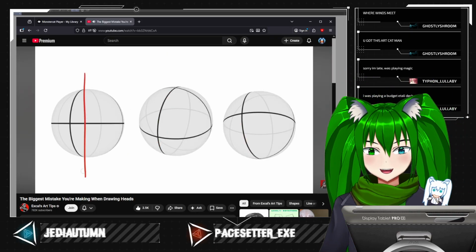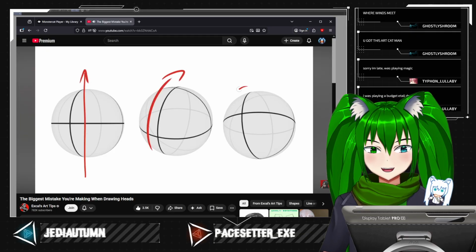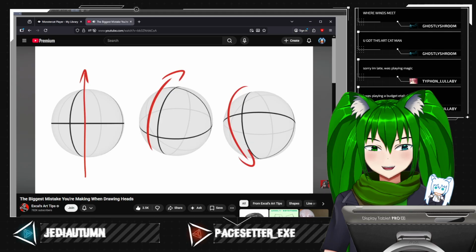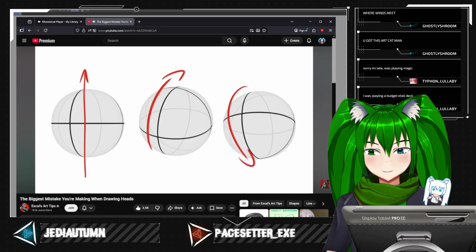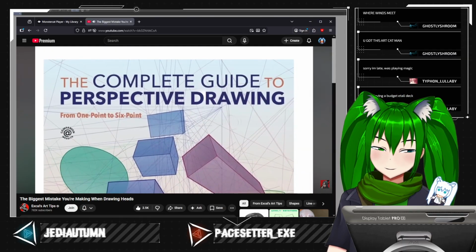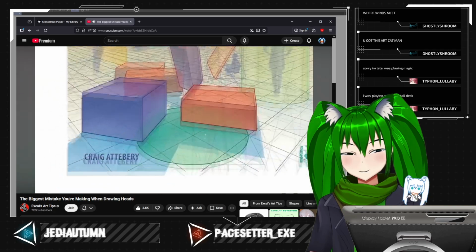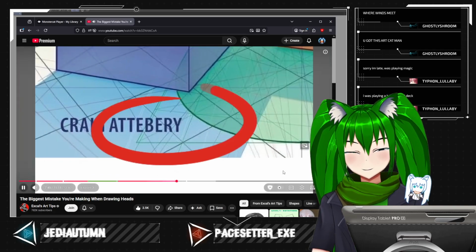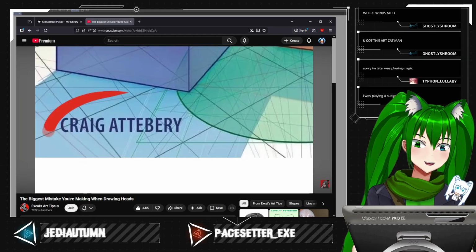This is not an actual rule, by the way, or it's not a complete rule. It's still true, but there are some specifics that I didn't explain because that would take way more time. If you do want to learn more about it, you could pick up the Complete Guide to Perspective Drawing because it does explain the whole minor and major axis thing when it comes to ellipses. So, I'll probably need to get this, I'll be honest.